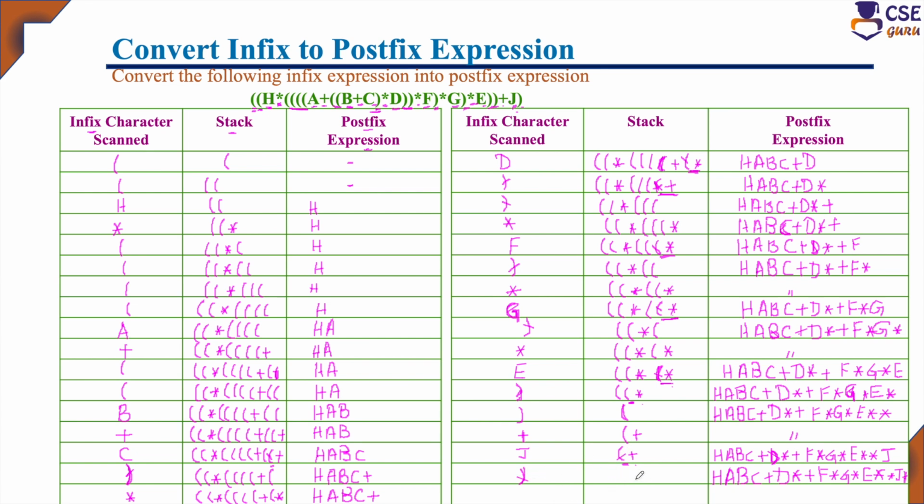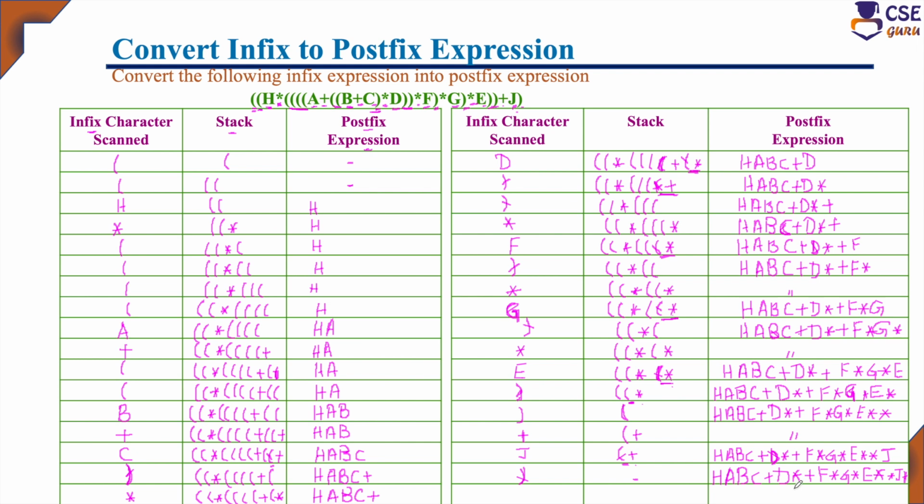Now the stack is empty. There is no content in the stack and we have scanned all the input characters in the given infix expression. Suppose you have scanned all the infix characters and still there is stack content, in the sense, after scanning the last character, if an element remains in the stack, one by one each element you need to pop from the top and place it in the postfix expression.